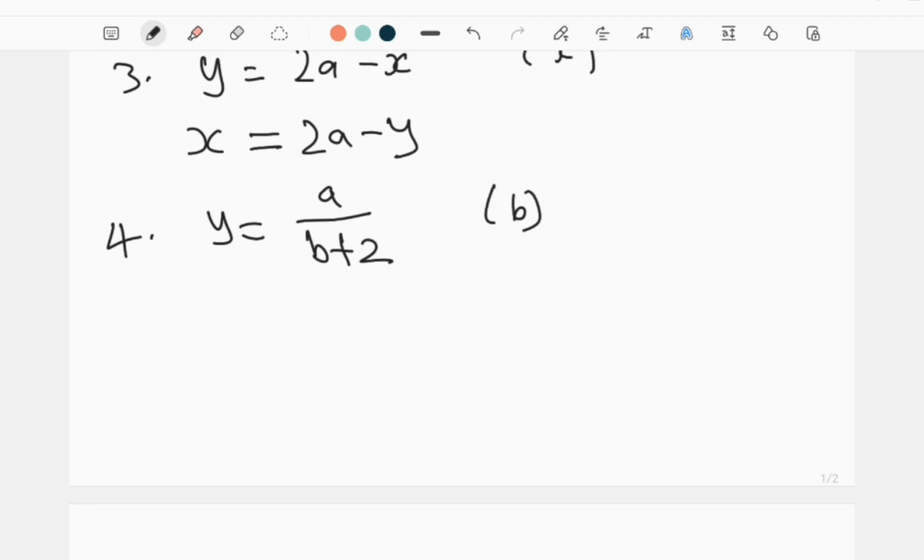The first thing we have to do is times b plus 2 by y, so it will become y bracket b plus 2 equals a. Now we can expand the bracket, that will become yb plus 2y equals a.